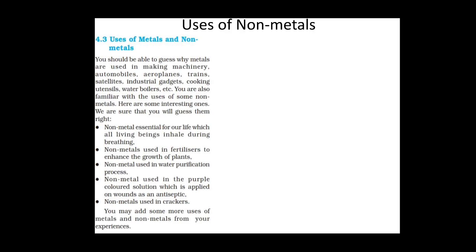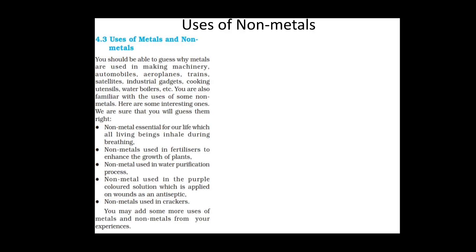Non-metal used in the water purification process, what is that? It is chlorine, correct. Non-metal used in the purple color solution which is applied on wounds as an antiseptic is iodine. Non-metals used in crackers: sulfur, phosphorus, all of them, isn't it?